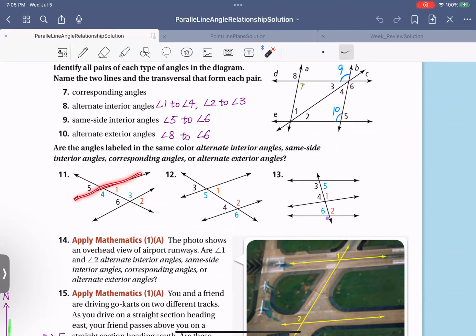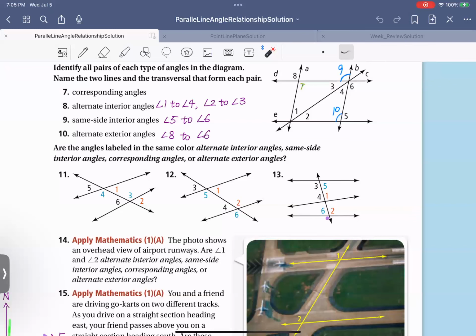And you say, oh, these two lines are not parallel. Don't worry. If the two lines look like this, you could still call it corresponding angles. If these two lines are parallel, you will say, oh, these corresponding angles are equal. And then here, this is called alternate interior. And this is called same side interior.